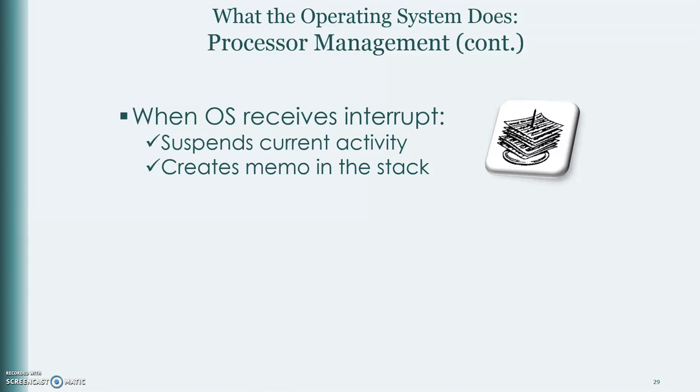It gets interrupted again. Then it's going to again create the memo, put it in the stack, process the interrupt, and then come back to read its memo, and then come back to what it was working on. And all of this is happening seamlessly. That's what just blows my mind. I know how this stuff works, but it's still crazy to me how blazingly fast this stuff is happening.